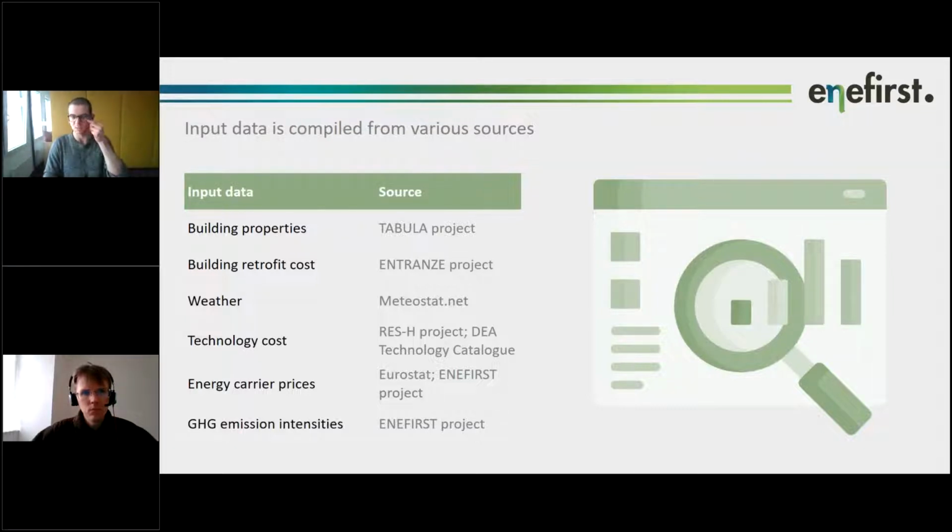I think that's the same story. Perhaps a heat pump in itself costs more or less the same in Germany as it does in Spain, but the difference is probably the different labor costs in these countries. But we attempted, let's say, to take these differences into account as much as possible.